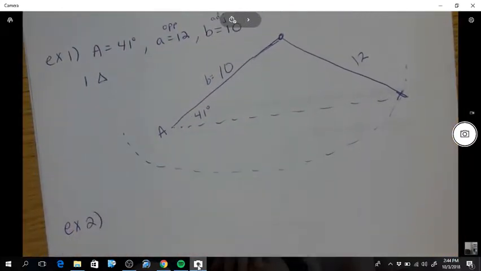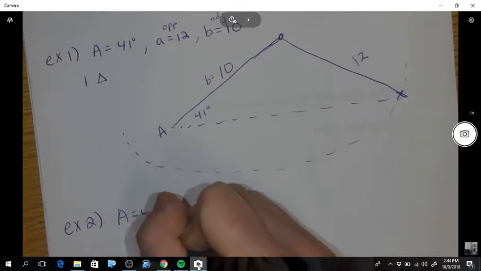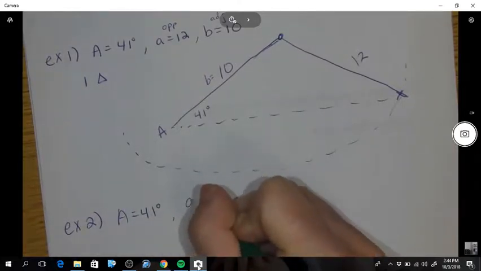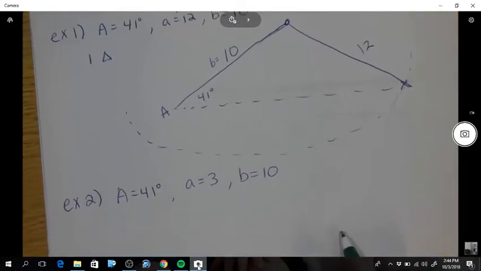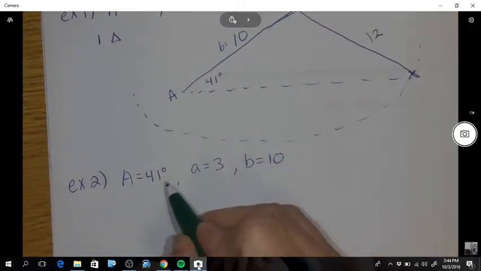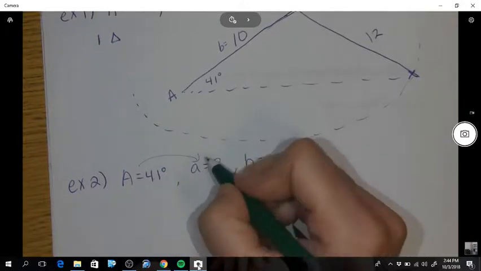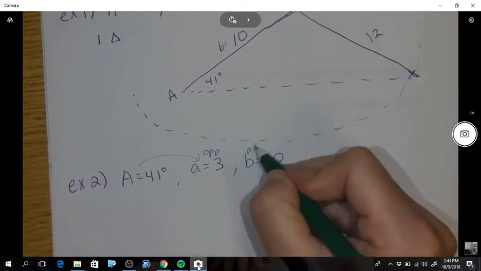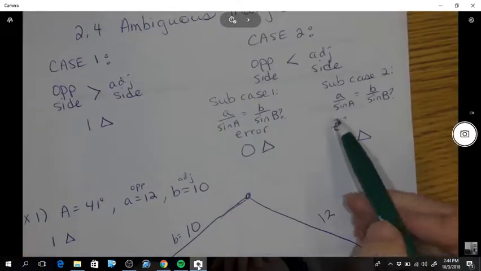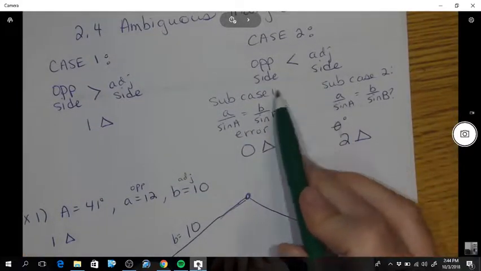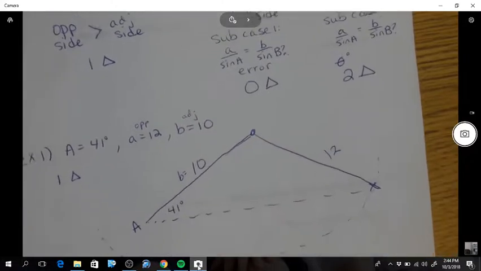Example 2. We're going to give you the same angle, 41 degrees. A is 3, B is 10. Opposite, adjacent. This is shorter than that. So I'm shorter than my adjacent, so I don't know which one it is.